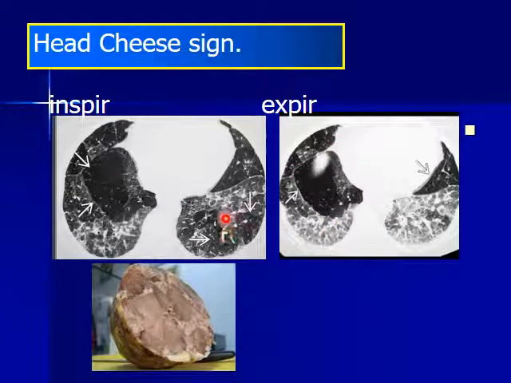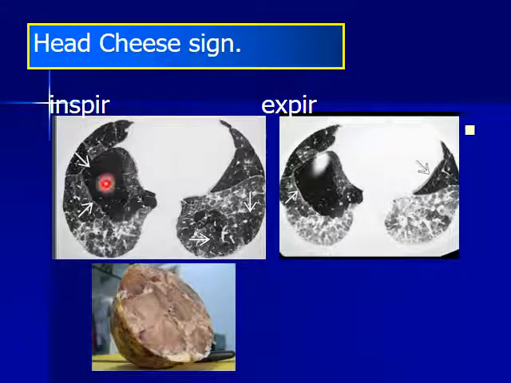But the normal lung, or the lung even containing ground glass opacity, will collapse in size and show increased density. So expiratory film sometimes is very important to detect areas of, or to confirm areas of air trapping.